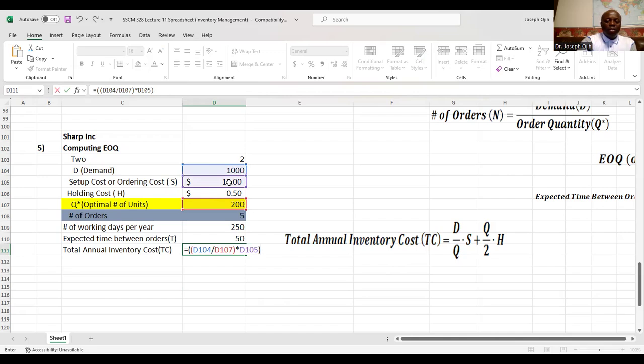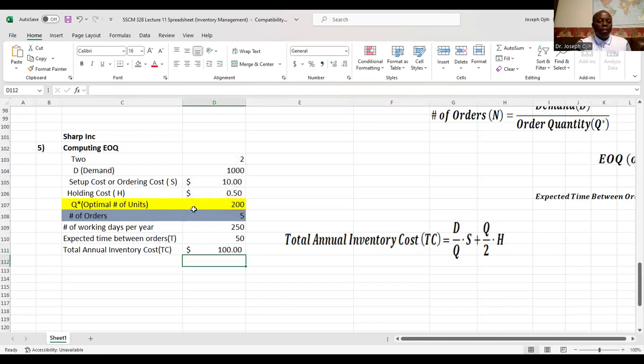Then plus, again parentheses, Q over 2, and our Q is over 2. This is 2 right there. Close this. Times H. Now H is the holding cost. Close it. Okay. Then once you press the enter key, it gives you the answer right away. $100. This is per unit.